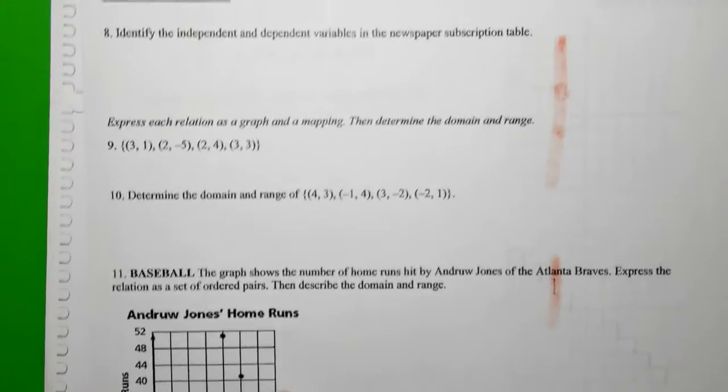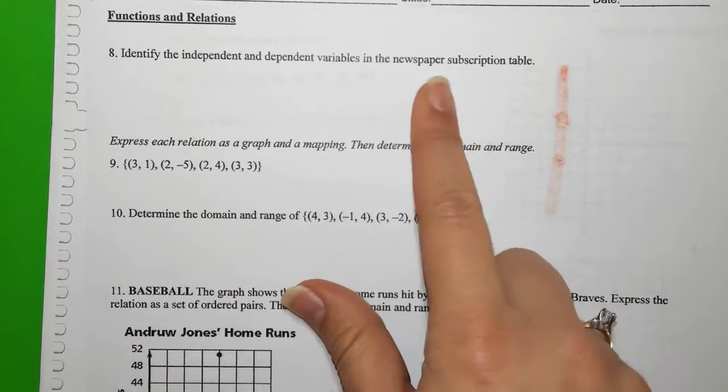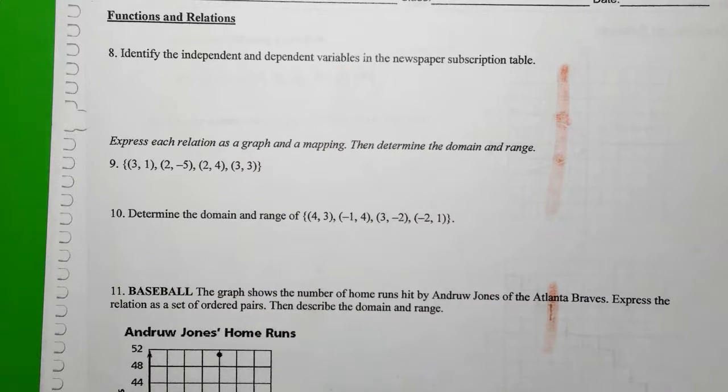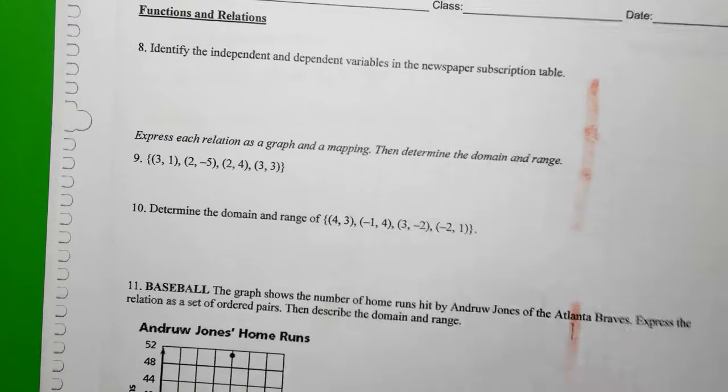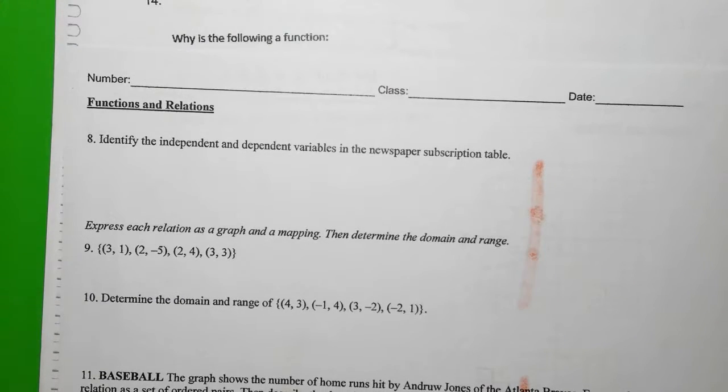Alright, so it says identify the independent and dependent variables in the newspaper subscription table. Tell me. The cost is the dependent and the month is the independent. Alright, so independent and dependent is what page in our notebook?